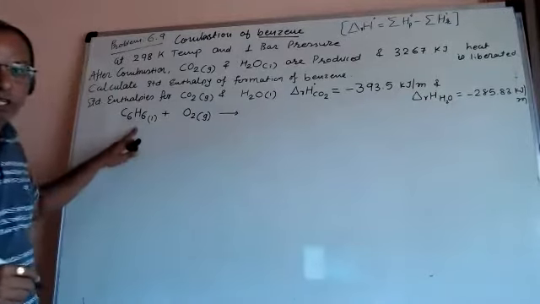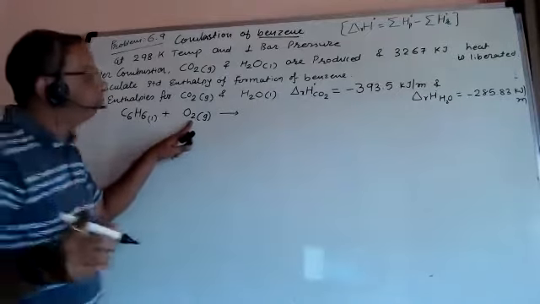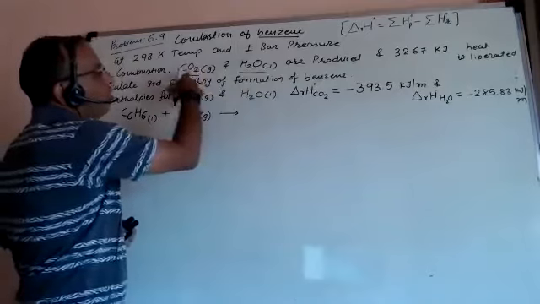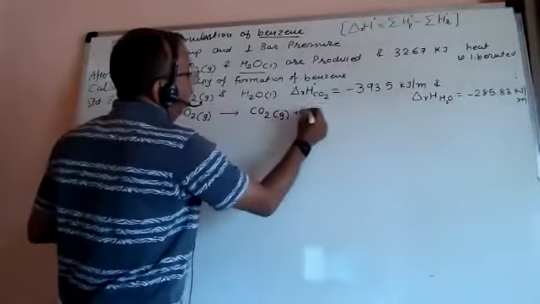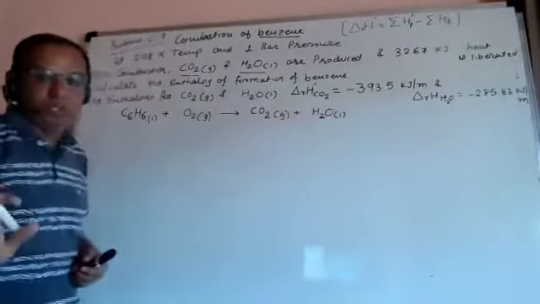So combustion of benzene with oxygen is taking place, and the products are what? Products are carbon dioxide gas and H2O liquid. This is given in the question only.